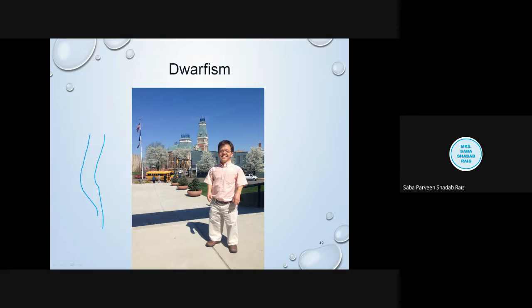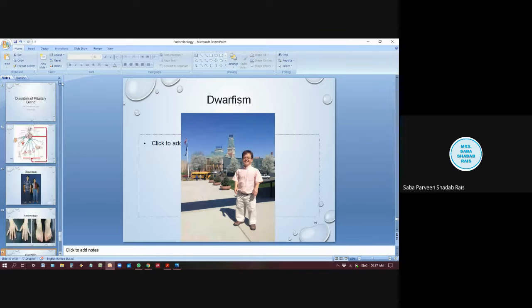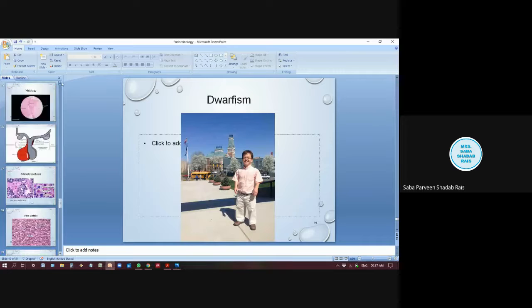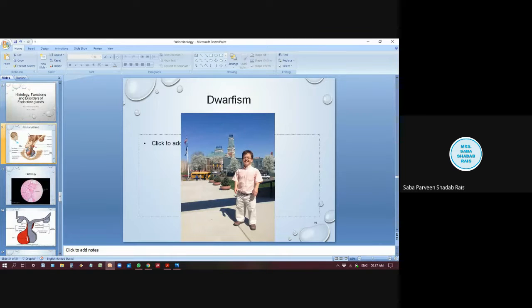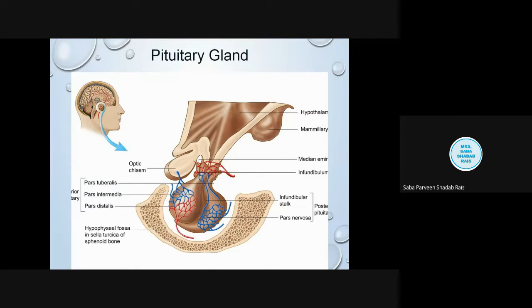So we have discussed the general organization of the pituitary gland. In that, we had already discussed that it is present beneath the hypothalamus, and it is situated in the hypophyseal fossa in the sella turcica of the sphenoid bone.